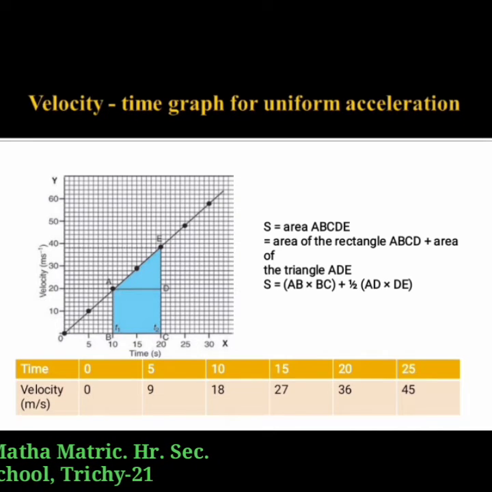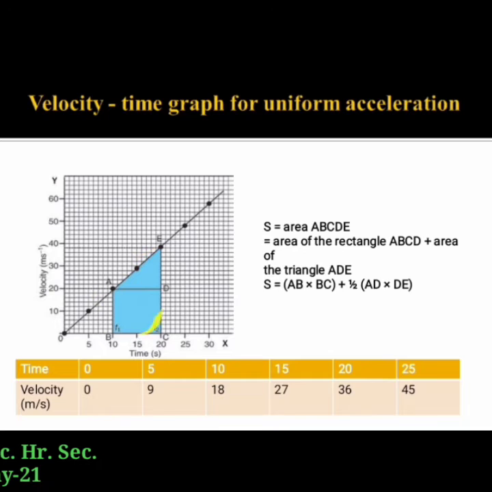From this, we can determine the distance moved by the car from its velocity time graph. The area under the velocity time graph gives the distance or magnitude of displacement moved by the car in a given interval of time.